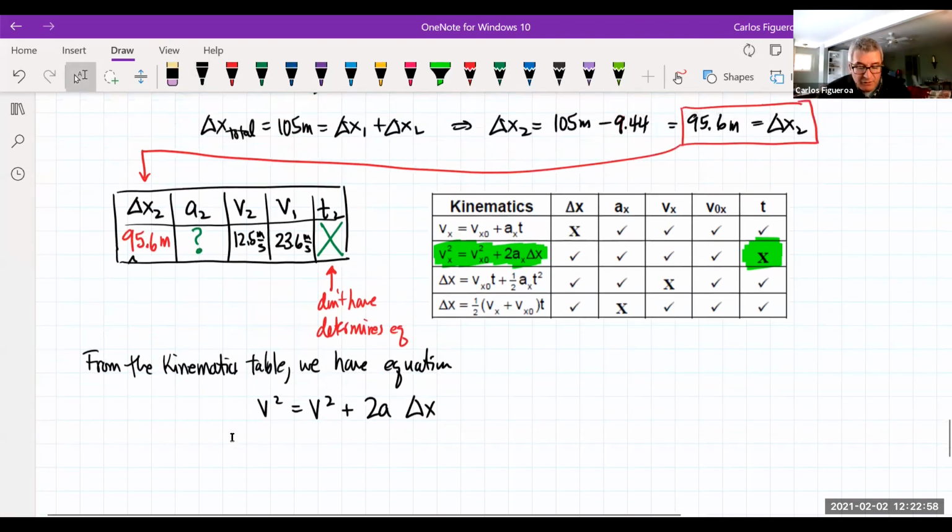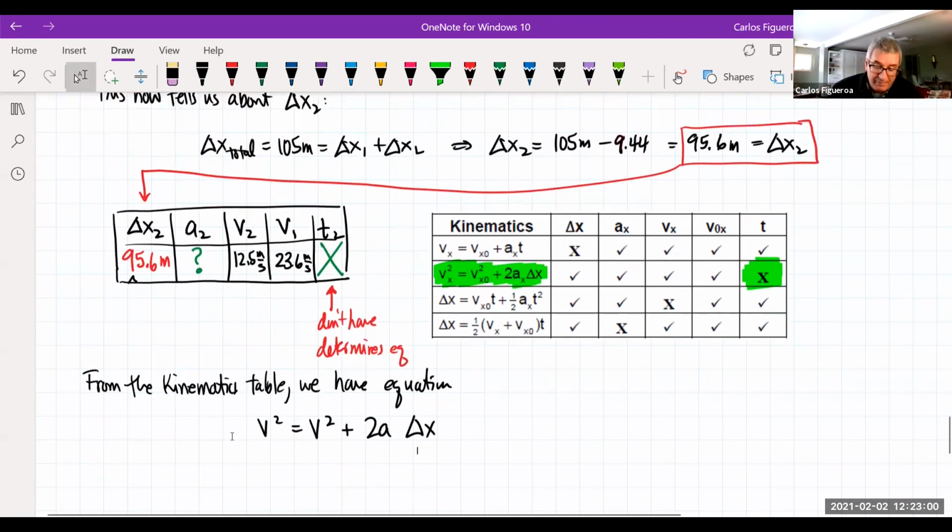I typically don't put any subscripts on this because I look at my interval. Which distance am I talking about? Delta x2. Which final velocity? v2. Initial? v1. Which acceleration interval am I talking about? A2. So now I've set up the equation.